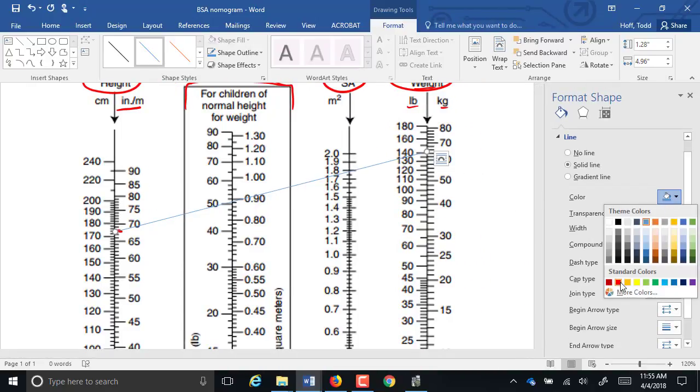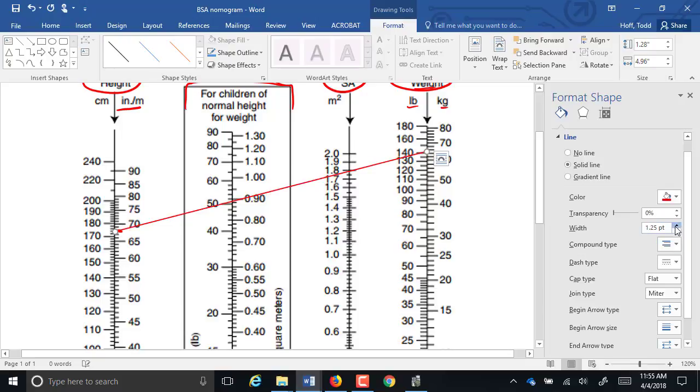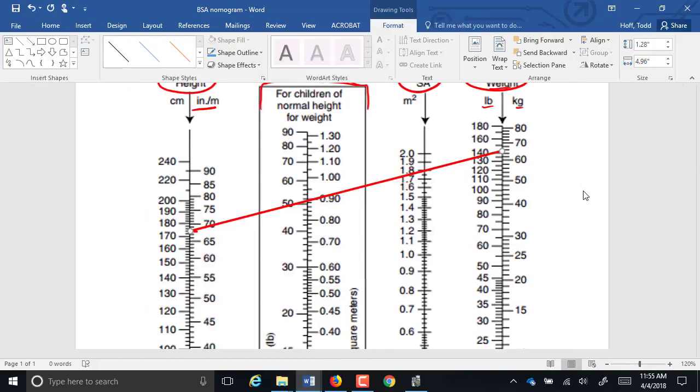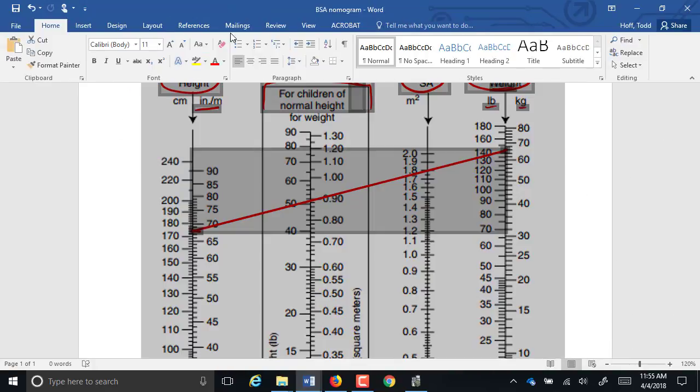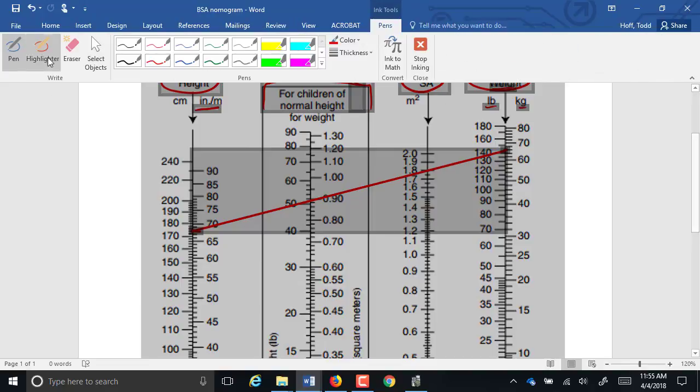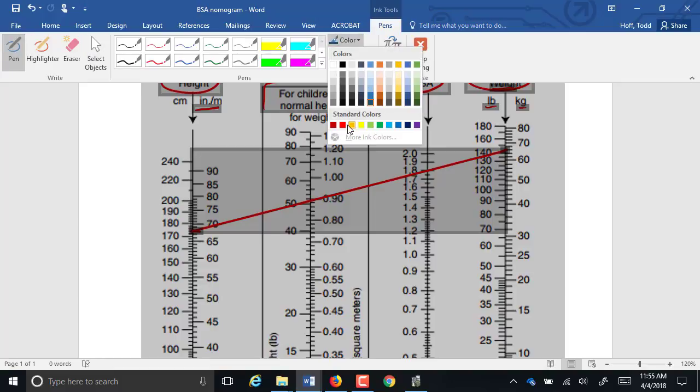So let's make it red so it's easier to see and make it a lot thicker. Okay, making that line thicker makes it a little less precise, but a little more usable here. Let's change color, see if I can get rid of that. Oh, not going to do it for me today.